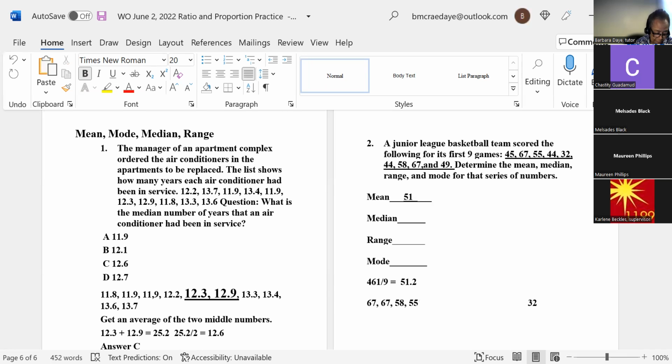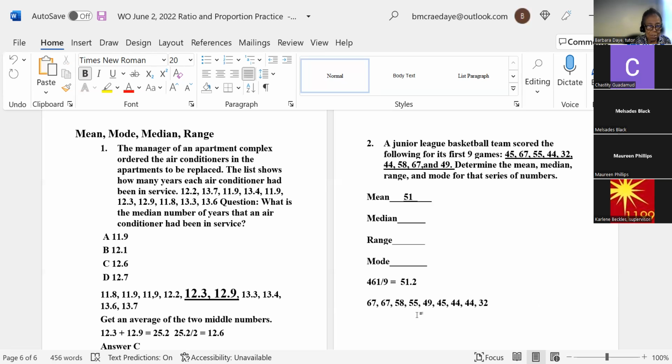Okay, and the next one? 49. 45. Two 44s. 44 is there twice. And then there's our smallest number, 32.